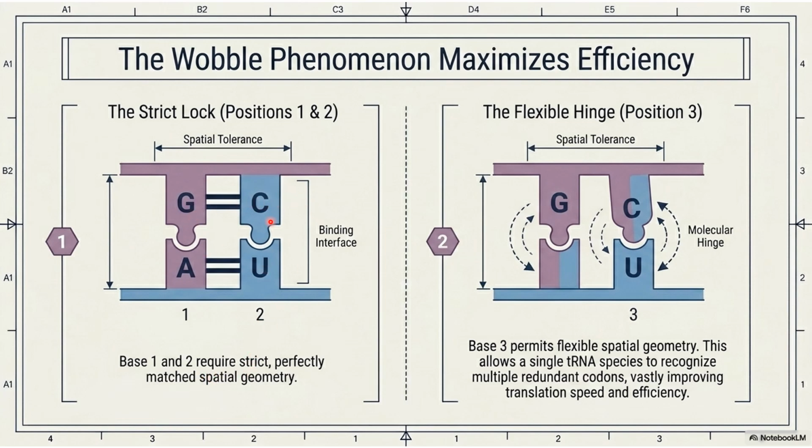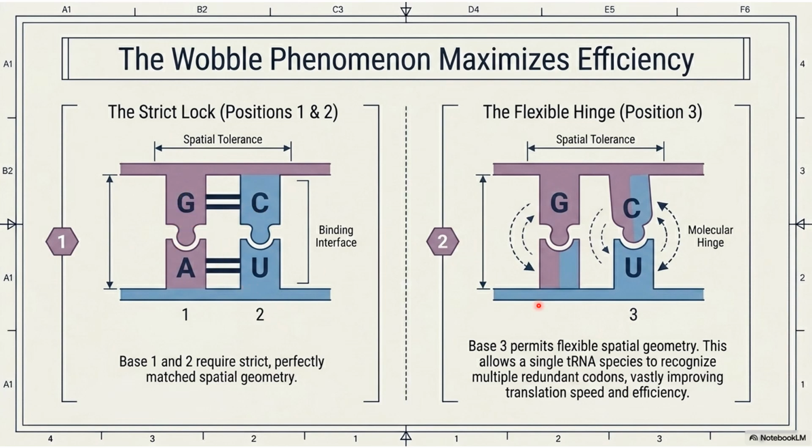This is the mRNA, these are the nitrogenous bases present in the mRNA, and this is the anticodon arm of tRNA. When the base pairing is taking place between the codon in the mRNA and the anticodon in the tRNA, the base pairing is very strict. The spatial tolerance or the binding interface is in a strict locked position in the first two bases. So there will not be much change in the first two positions.